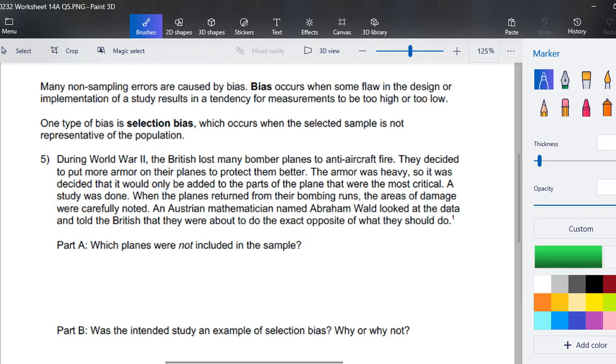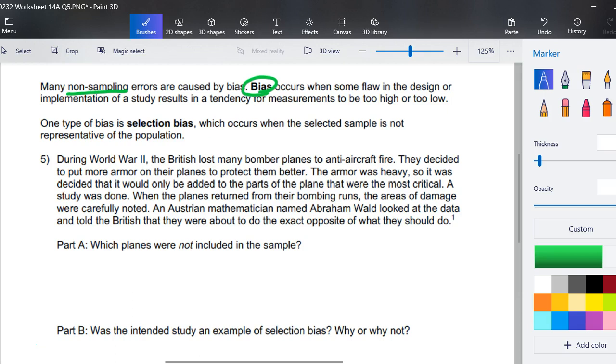You also need to be familiar with bias. Many non-sampling errors, the ones not caused by trying to get a representative sample, are caused by bias. Here's another word to take note of.